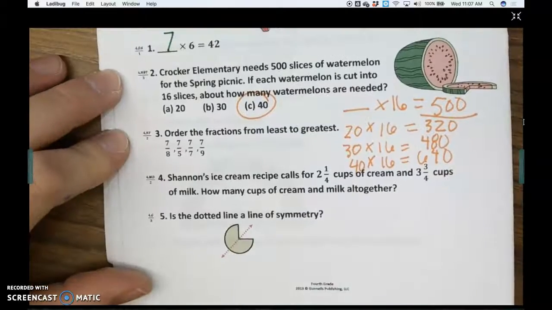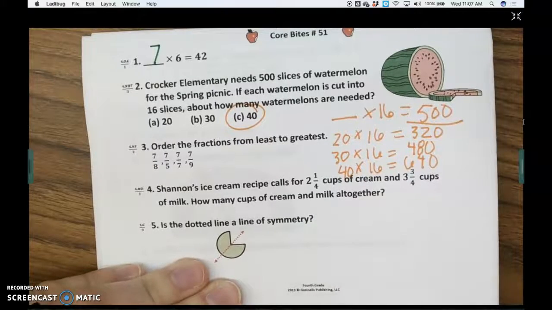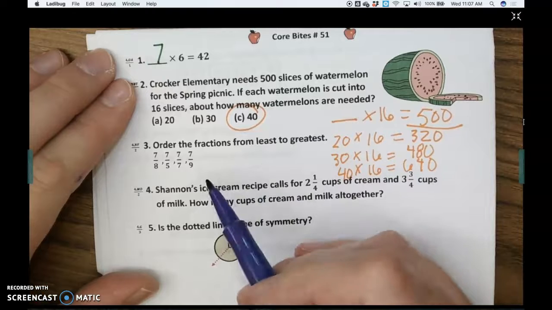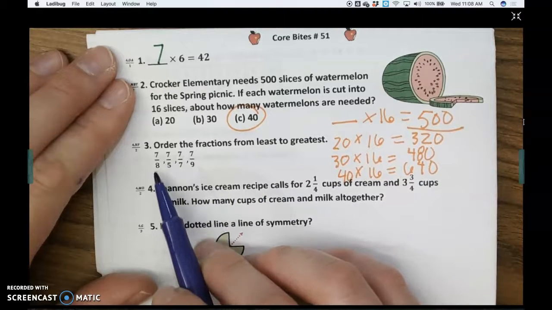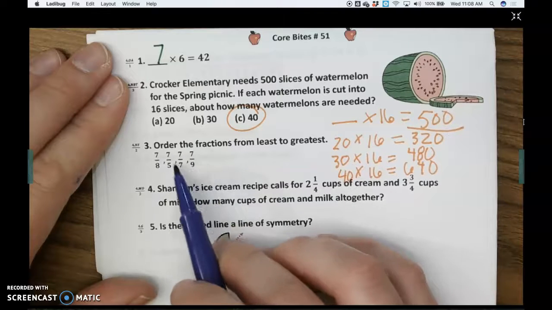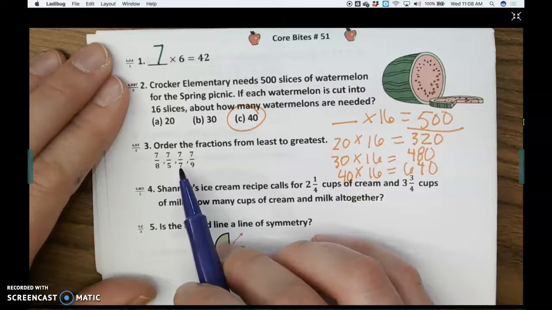And then for the next one, number 3, order the fractions from least to greatest. Least to greatest. Okay. So we've got 7/8, 7/5, 7/7, and 7/9. Well, you know that 7/7 is 1 whole, right?